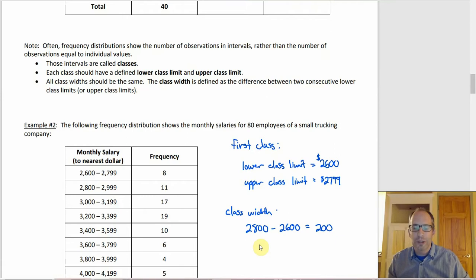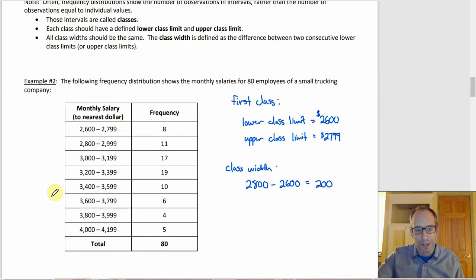If you pick the one that starts with 3200 and the one that starts with 3400, you're going to get 200 when you subtract. You can pick whatever consecutive pair you want because the way this is set up, all the class widths are the same. Okay, good. That's the way it's supposed to work out.